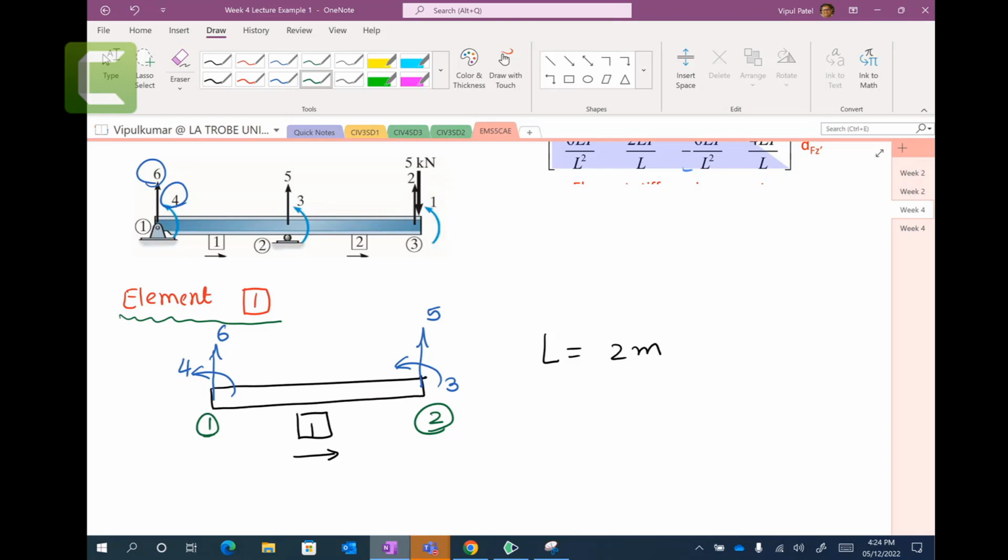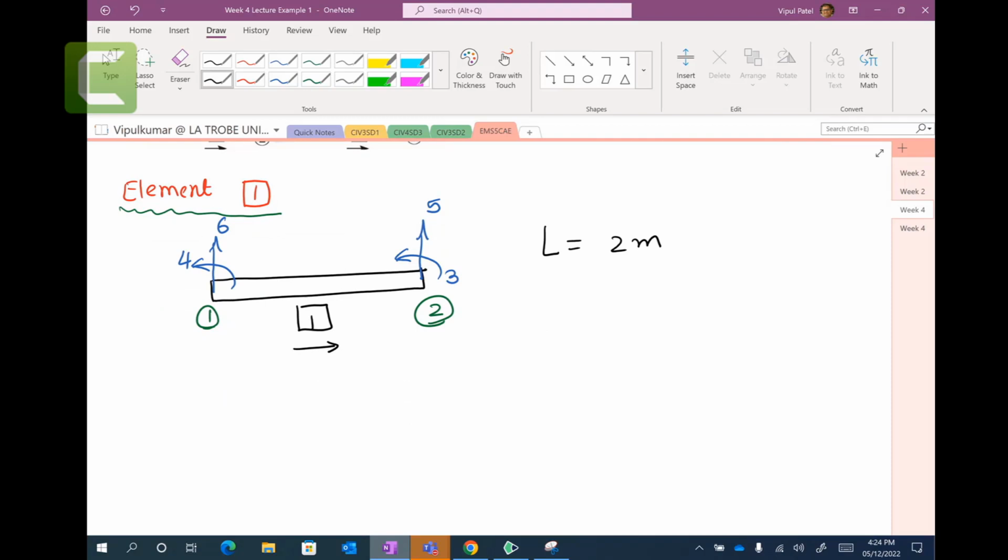I put the degrees of freedom 4, 6, 3, 5. All right, all good so far.